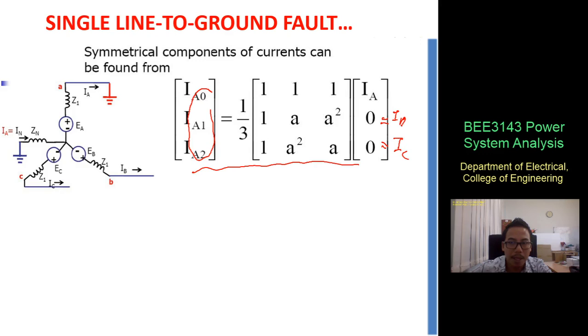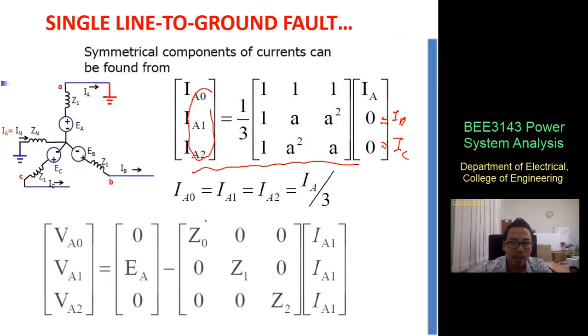It is the same equation as in the previous chapter. From here we can easily calculate that IA0 equals IA1 equals IA2 equals IA over 3.